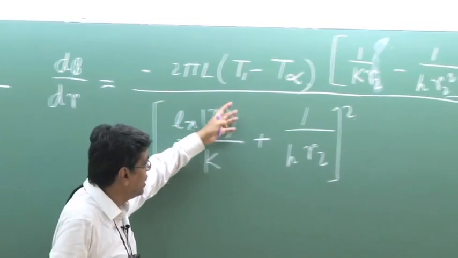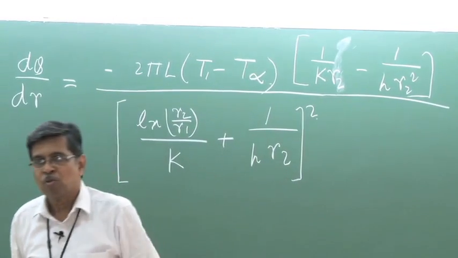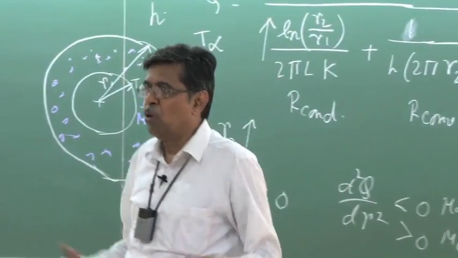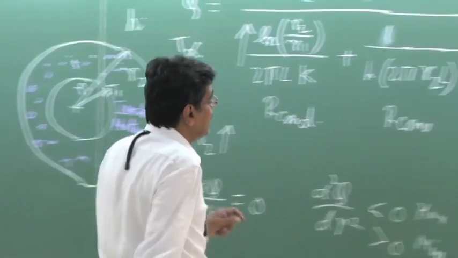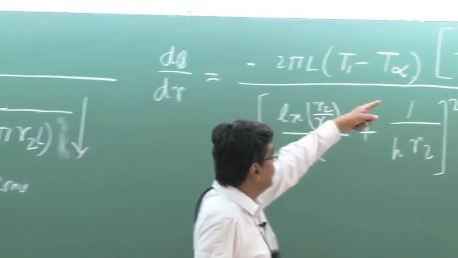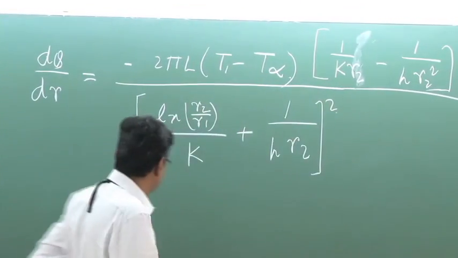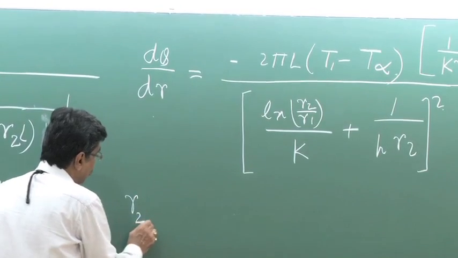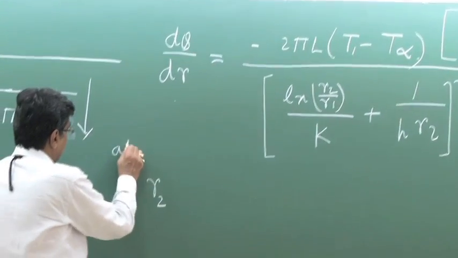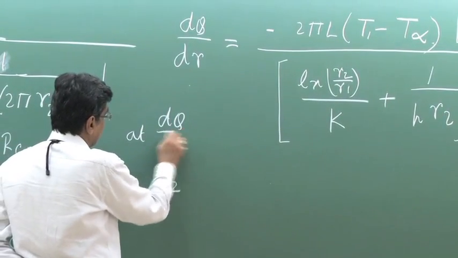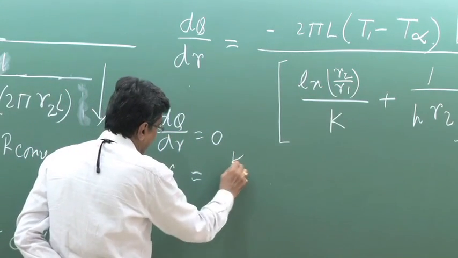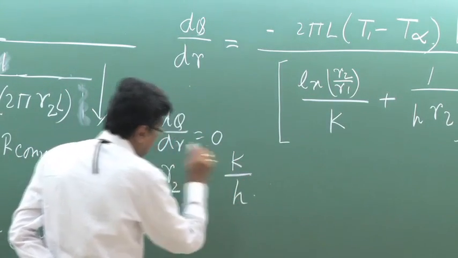R2 cannot be infinity, h cannot be 0. So for the problem to be defined, the only alternative is that the quantity in the brackets will be 0, which tells you that at dQ/dR = 0, R2 is equal to K by h.